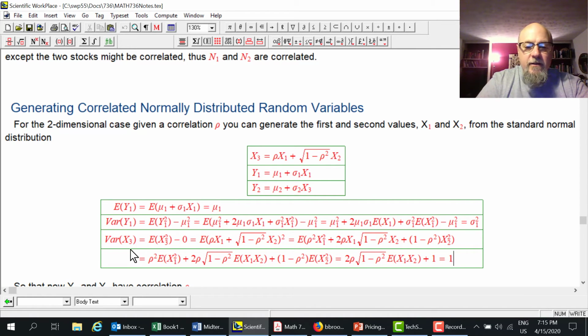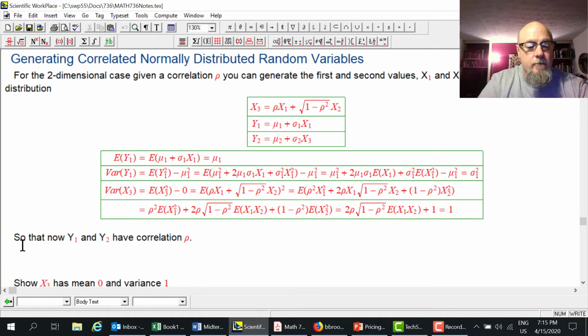So the variance of x3 is 1. That means that our y2 also works. It has the target expected value of mu2, and it has the target standard deviation that we pick as sigma 2. All right, what's left?